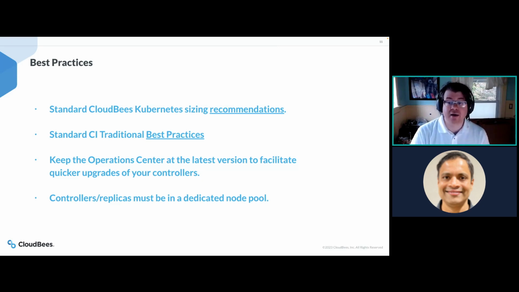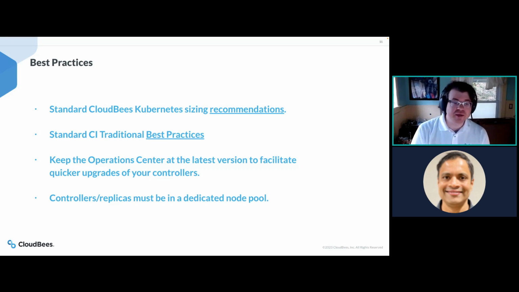However, agents can be offloaded into different clusters entirely, or into different namespaces to handle resource allocation in that regard. And the same thing can be done for controllers as well. Not necessarily the replicas, but as far as your high availability goes, you'll have the ability to shuffle things around as you please to ensure that you have the correct sizing and available resources for those jobs to run and those replicas to exist.